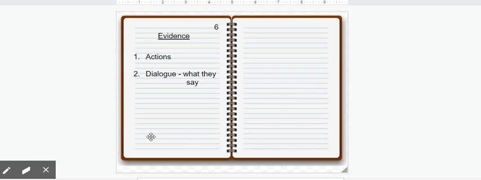So anytime that you are going to give evidence for a character trait, the evidence must be a specific action that the character does or something that the character says, dialogue. Okay? Now we are going to practice that. Now in class, we practiced it with partners.